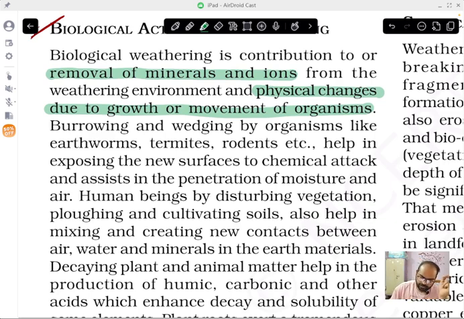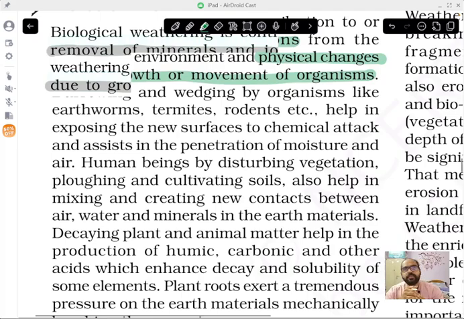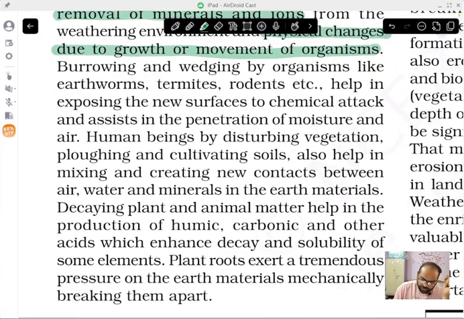Okay, examples of biological activity means burrowing and wedging by rodents, means rats, earthworms. Earthworms constantly burrow the soil, so that due to constant burrowing, different layers of the soil get exposed to climatic factors, and weathering happens. So biological organisms are responsible for this.